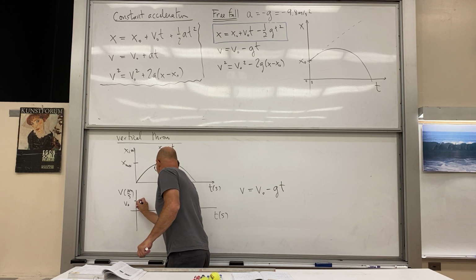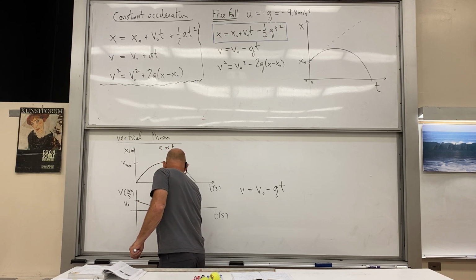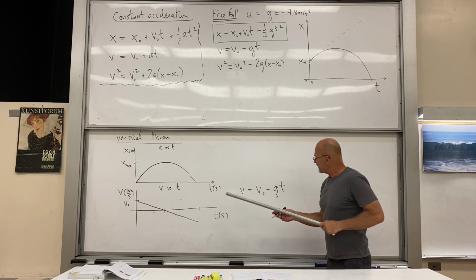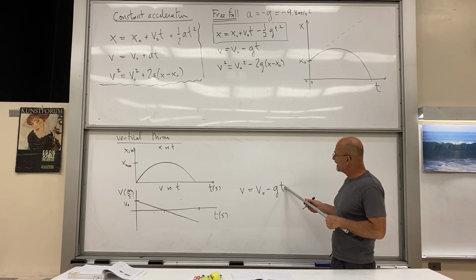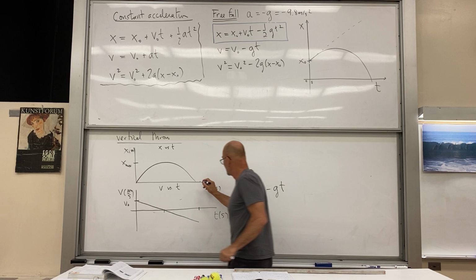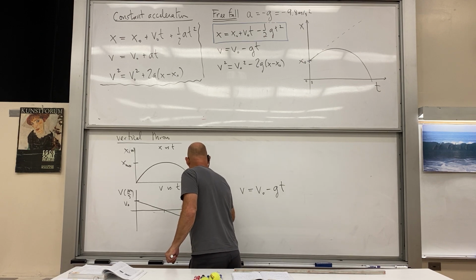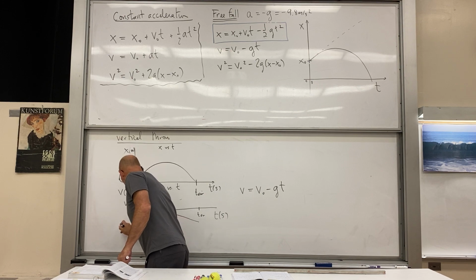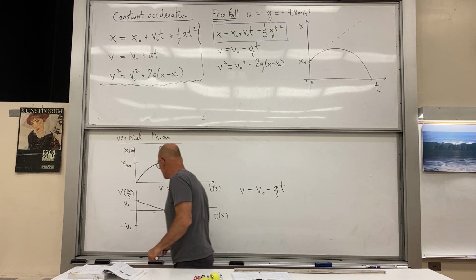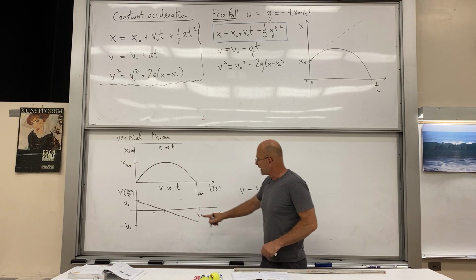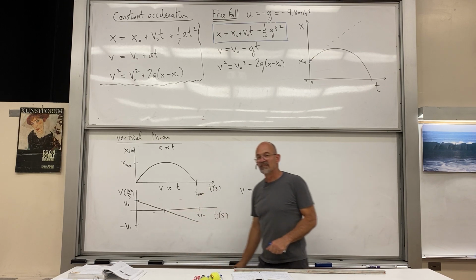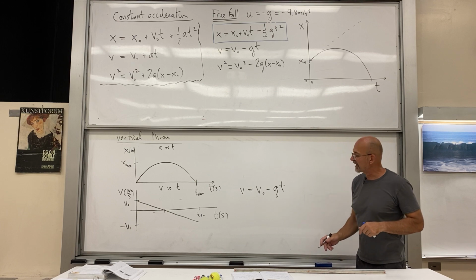And since it's a straight line, it goes like this. And what you'll find is at the end of T air here, the value has gone over to minus V0, and it crosses through 0 at exactly 1/2 of T sub air.